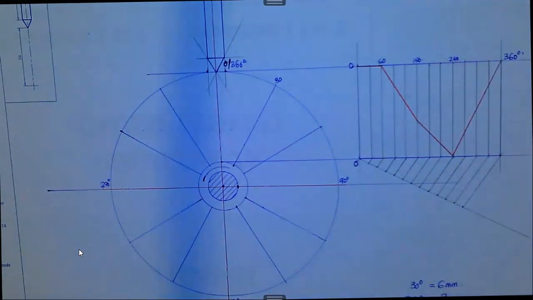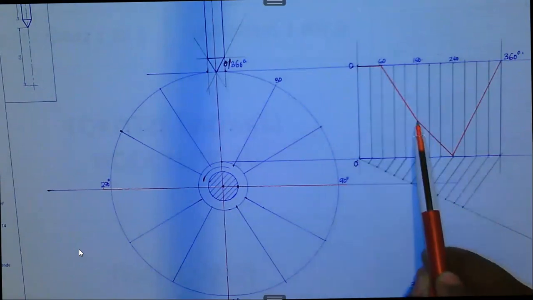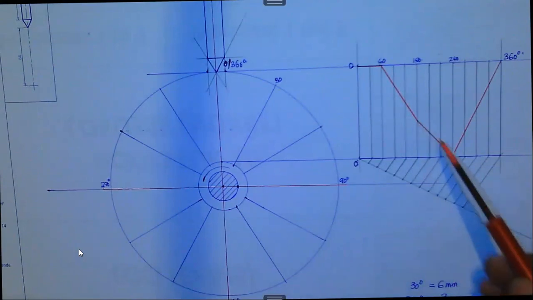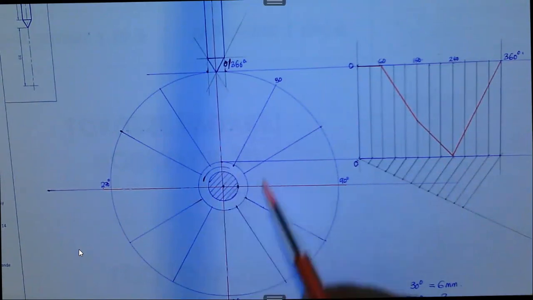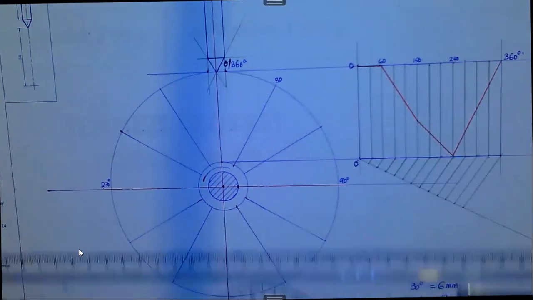So from here to there it's dwelling, then it falls up to 30 millimeters through to 150 degrees, then it falls again to 240 to the lowest point, which is in contact with the minimum diameter. Then from there, it rises back to its original position, which is 360 degrees. Once you have done that, you can now label the cam displacement graph.